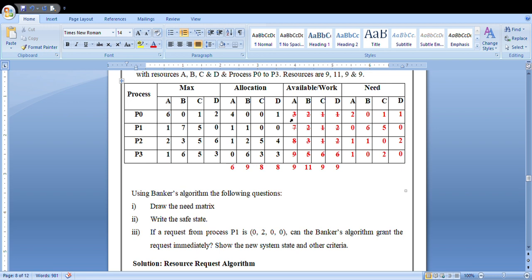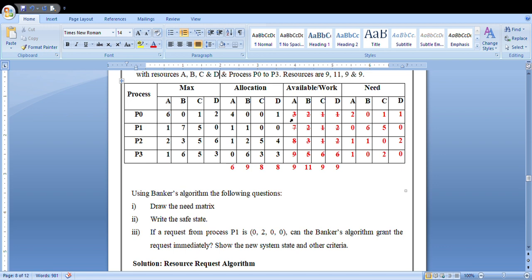If the available value is greater than the request value, then the banker's algorithm will grant the request immediately. Or else, if the requested resource has a higher value than the available resource, obviously it cannot grant that request.